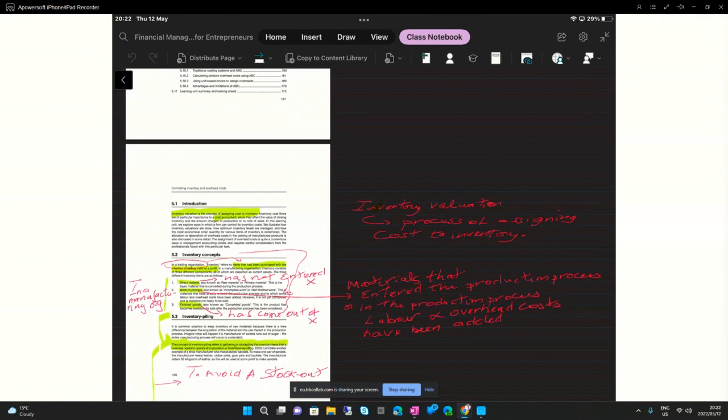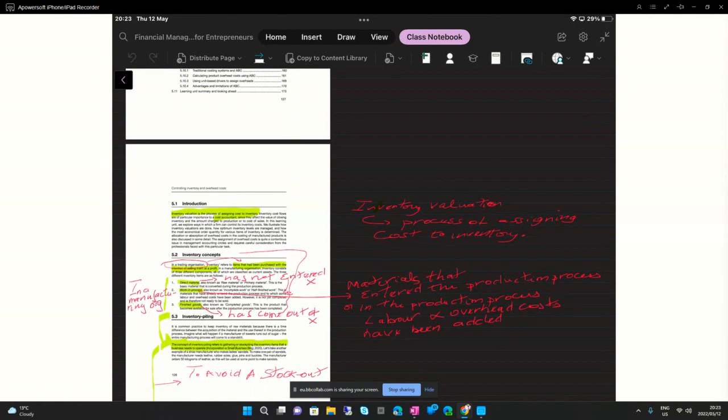the different items. So inventory valuation is the process of assigning costs to inventory. It is as simple as that. Inventory valuation is the process of assigning costs to inventory.